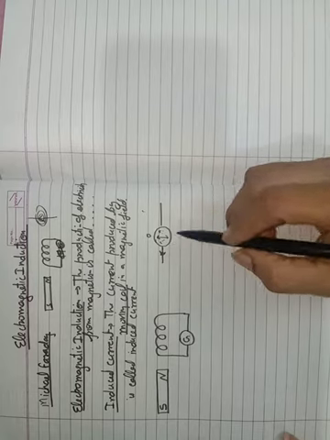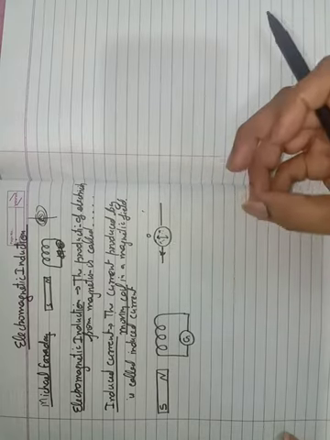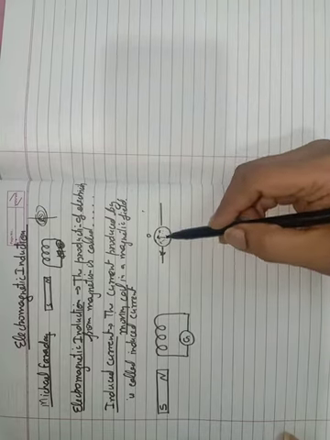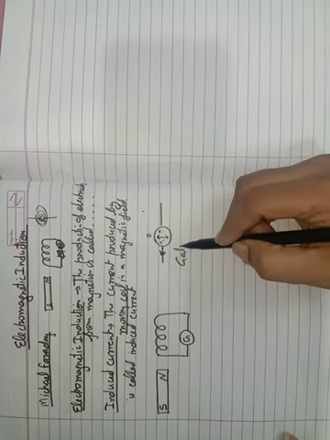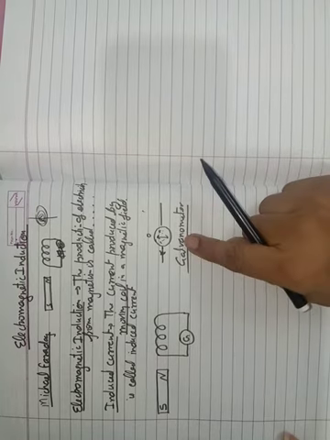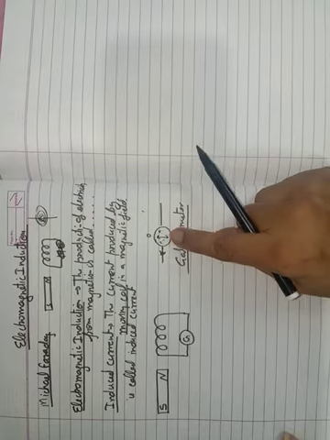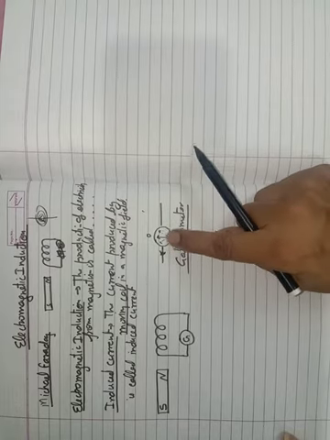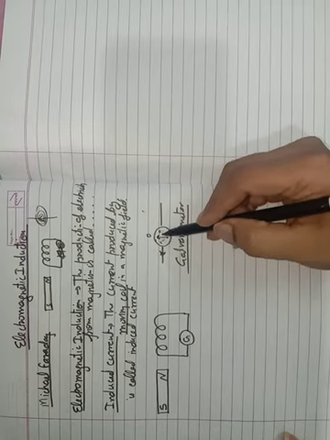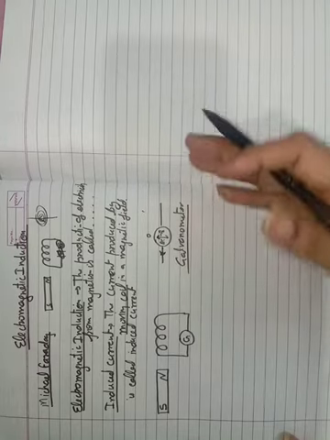You can write about the galvanometer: it is an instrument that can detect the presence of current in a circuit. Its pointer rests at zero, or it can deflect to either side according to the direction of the current.